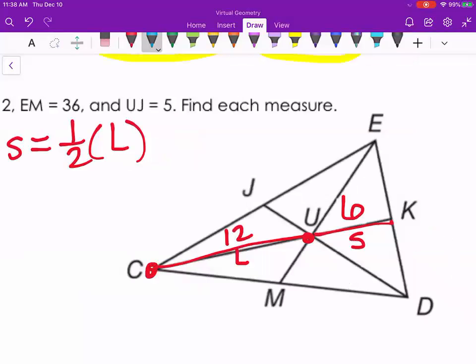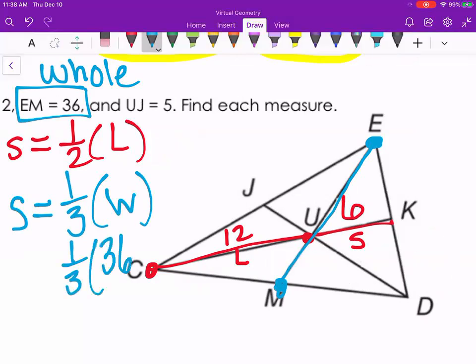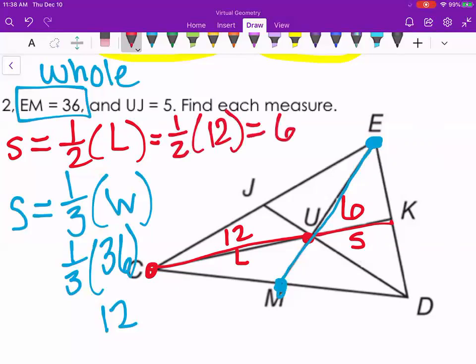E to M. That is the whole entire way across. We said that the short is 1/3 of the whole entire thing. So guys, if my whole entire thing is 36, I need 1/3 of 36, which is 12. And again, just a reminder, 1/2 of 12 is where we got the 6.